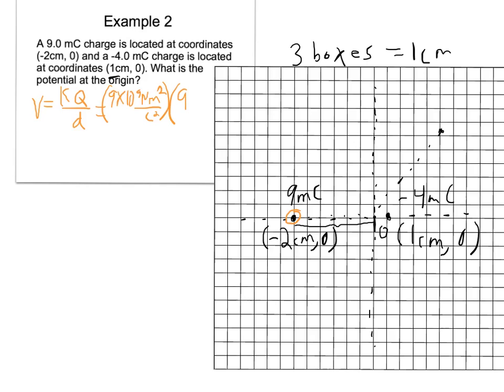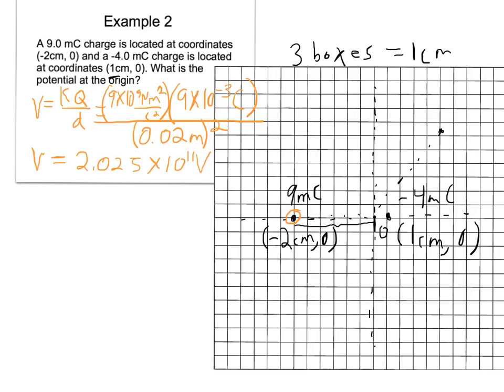Q is 9 times 10 to the negative 3, milli would be negative 3, over the distance, 2 centimeters, which would be 0.02 meters, squared. So the voltage from the orange charge at the origin would be 2.025 times 10 to the 11th volts, or joules per coulomb are also acceptable.